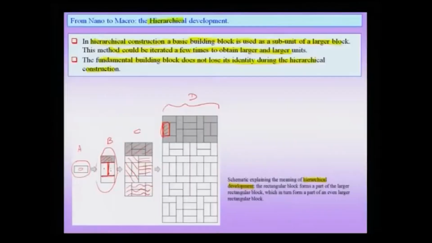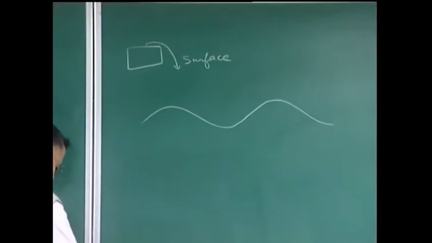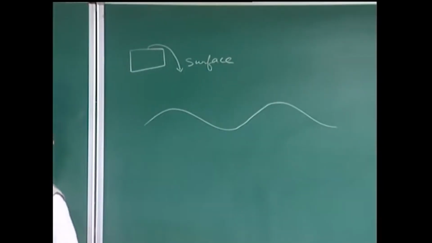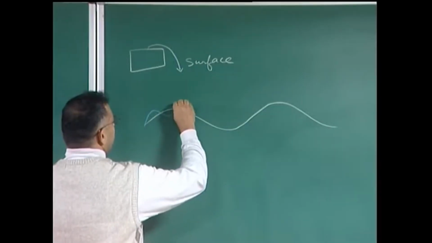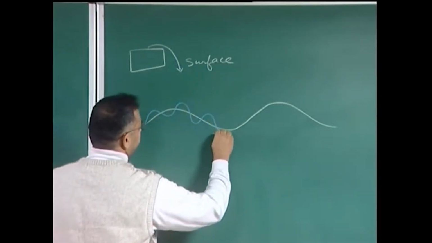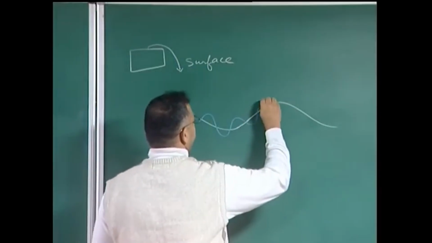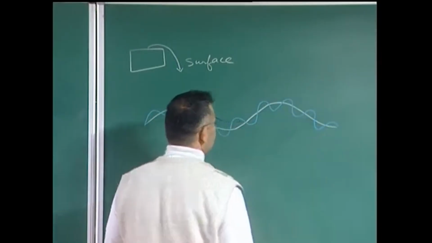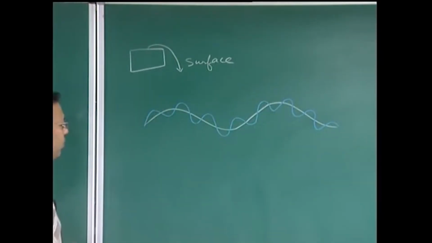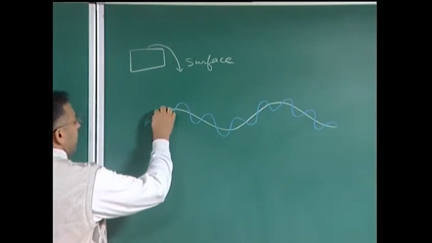On this surface roughness, I could have another wavelength of surface roughness. For instance, I could think of a wavelength superimposed on top of this. In other words, in the presence of this blue waviness, the actual surface will be this.